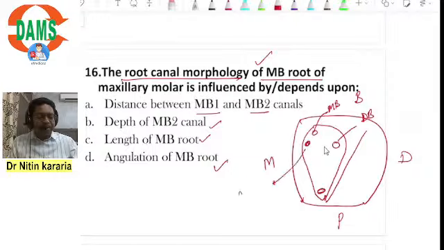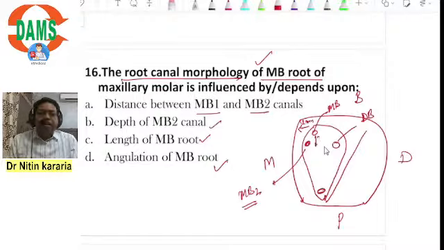MB2 canal is about 2 mm mesially and 3.5 mm palatally to the mesiobuccal canal. So the distance between these two canals is the factor which influences the root canal morphology.